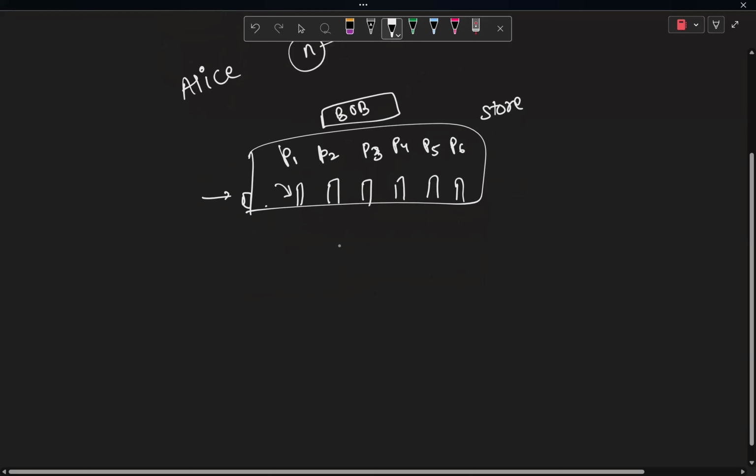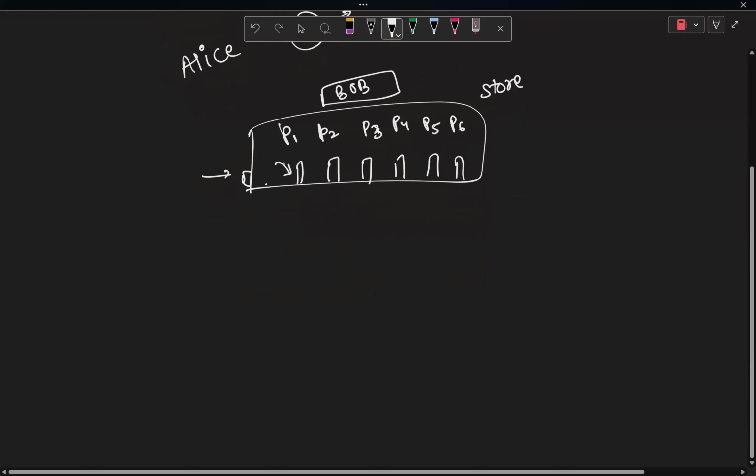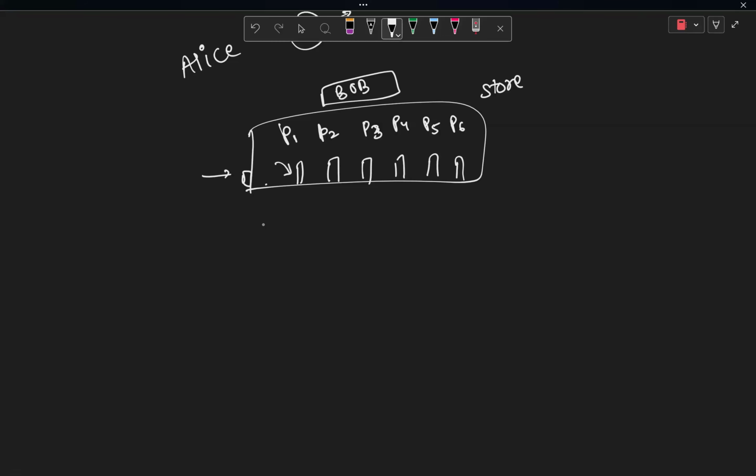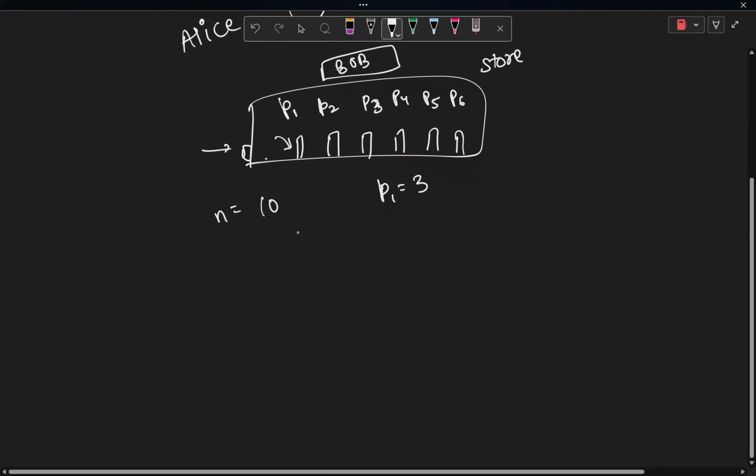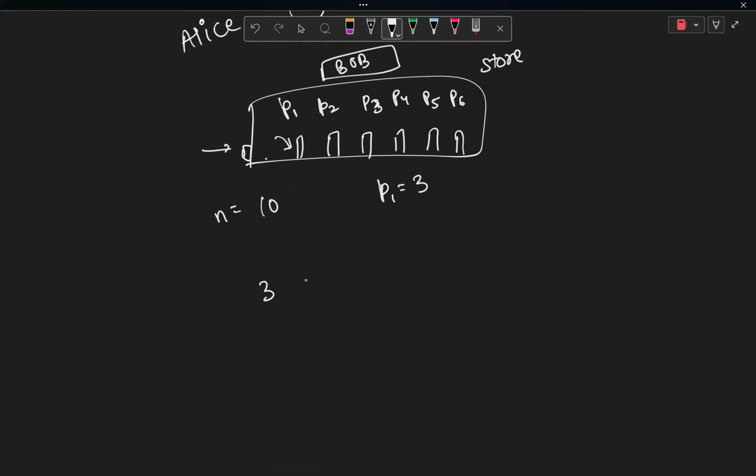When she comes up to this stall, she will buy as many items as she can. Let's say Alice has 10 rupees and P1 is 3. In that case, Alice can buy 3 items and then she will have 1 rupee left.